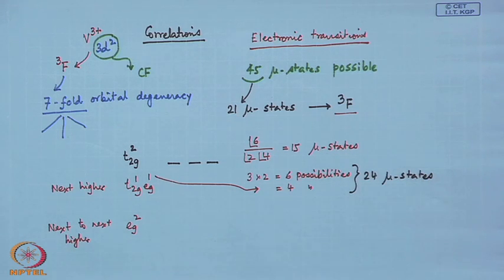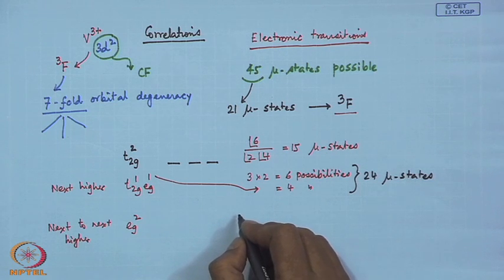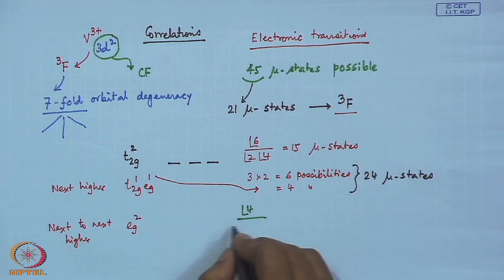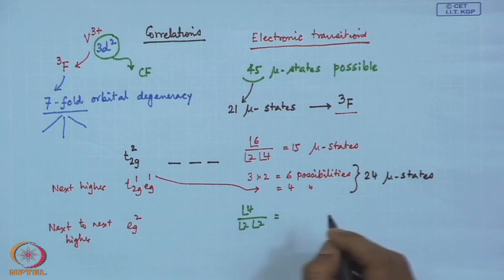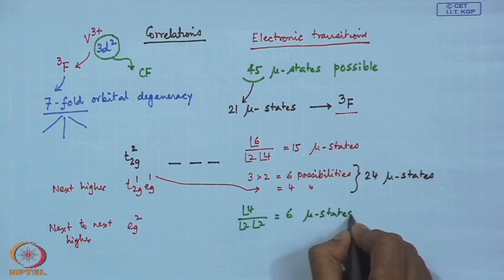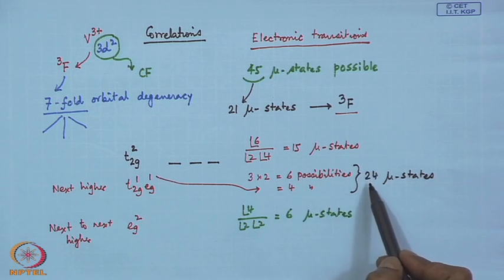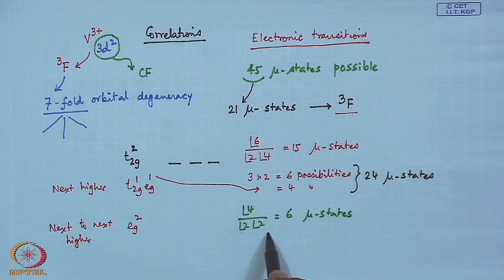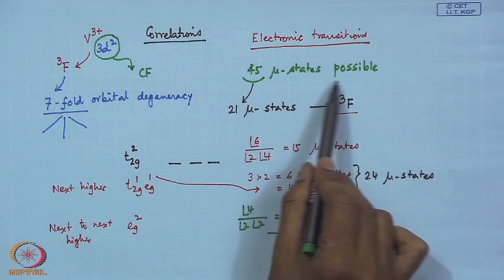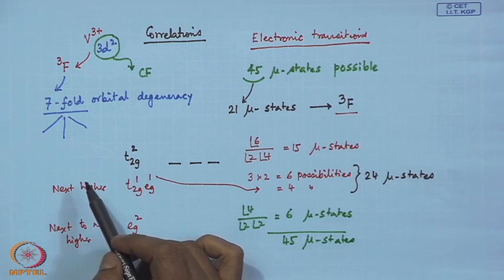And in the last case, again like the corresponding permutation of these levels, we get factorial 4 divided by factorial 2 and factorial 2, that means 6 microstates. So 15 plus 24 is 39 plus 6. So altogether when we add up on the right hand side, we also have 45 microstates, which is known to us, the 45 possible microstates in the corresponding free ion case.